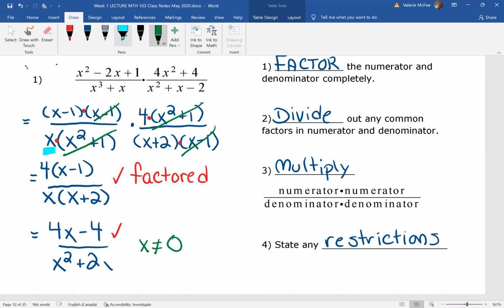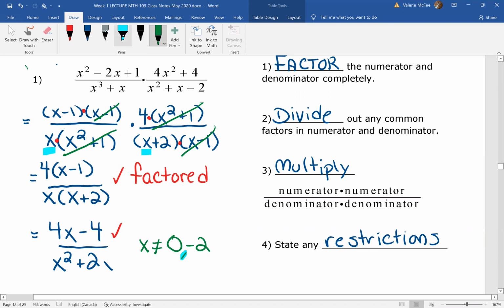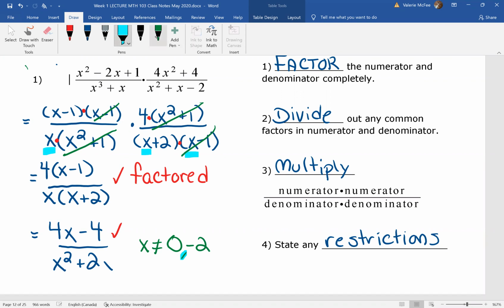I'm going to skip that next factor for a moment. We look here and see that x cannot equal -2. We look here and see that x cannot equal 1.